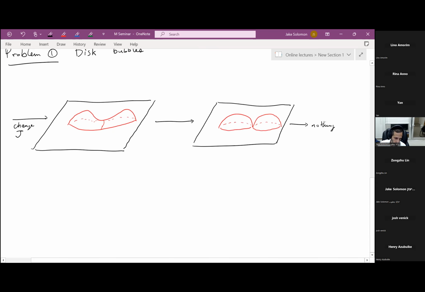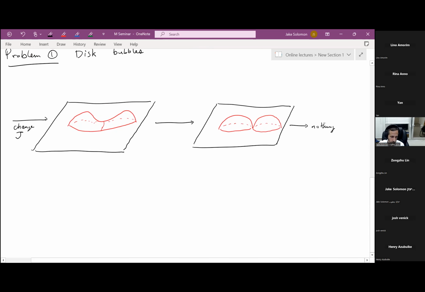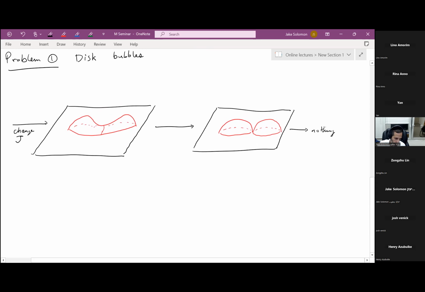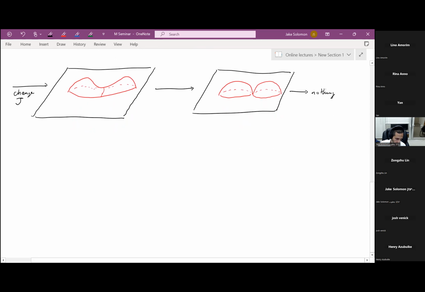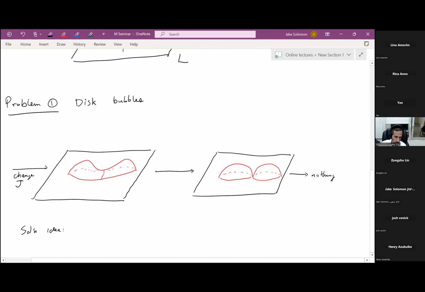So it seems more or less hopeless to count such holomorphic disks. But there's an idea for how to solve this. Okay, so maybe I should say, are there any questions at this point?